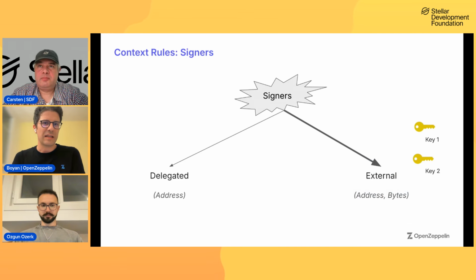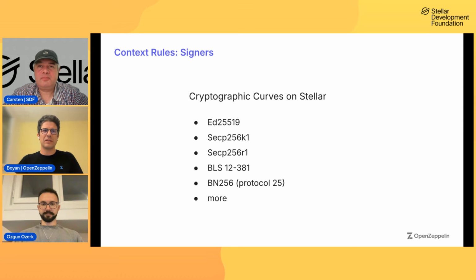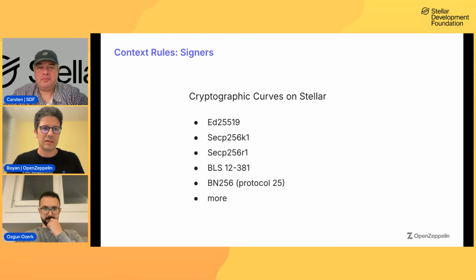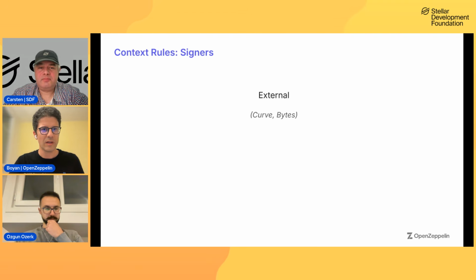The second signer type is the external one for authorizations coming from cryptographic keys. But before we look into that, I'm providing a list of the curves on Stellar. They're the already available ones that are supported, and BN256 that might get added with protocol 25. And I guess there could be many more in the future. You remember the structure of the external signer.